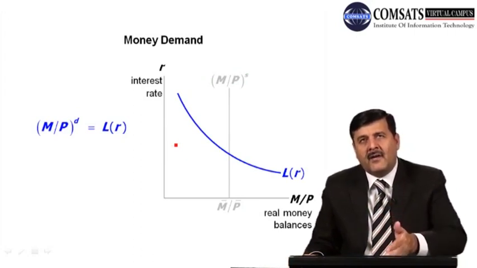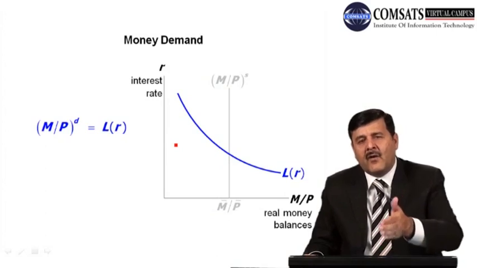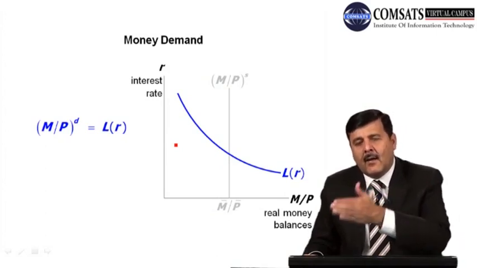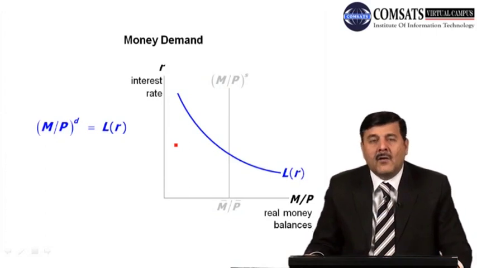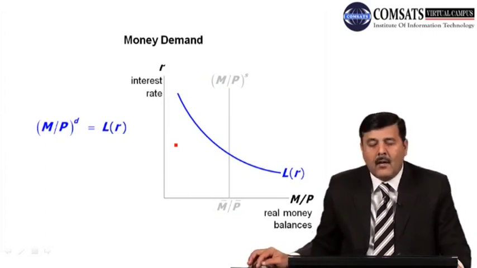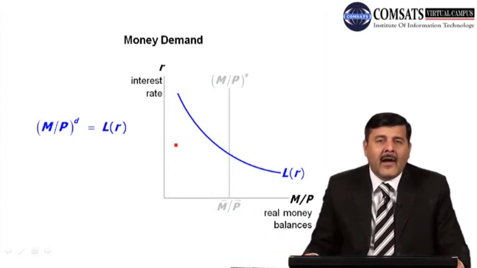Similarly, as we measured interest rate on the y-axis, again here we are measuring interest rate on the y-axis, demand for real balances on the x-axis. Now as we know that the demand M over P is the demand for real balances, it depends on the rate of interest.